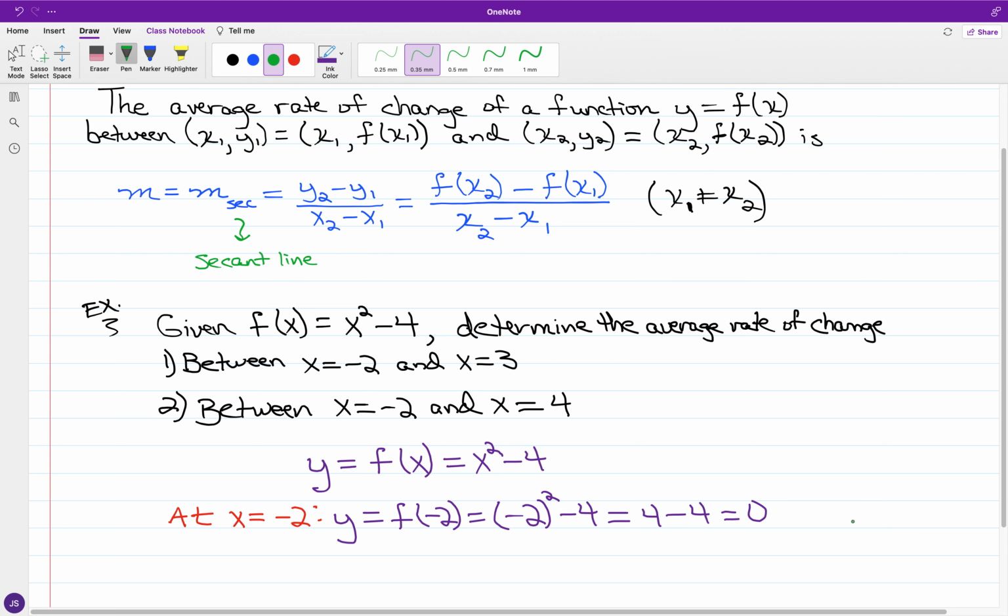So we have a specified point. Whenever x is -2, the corresponding y value is 0.